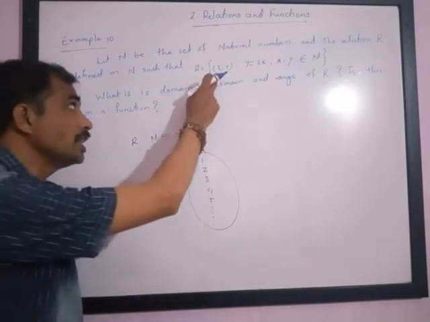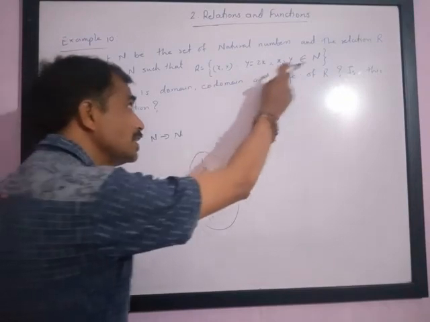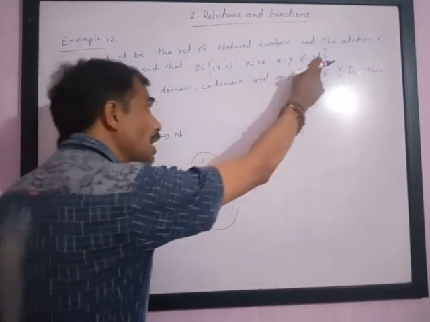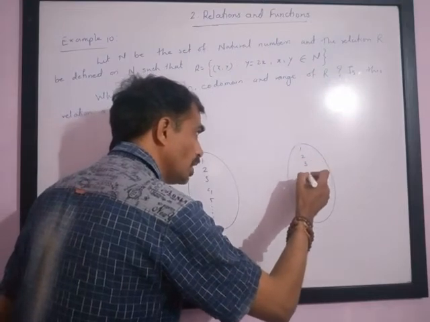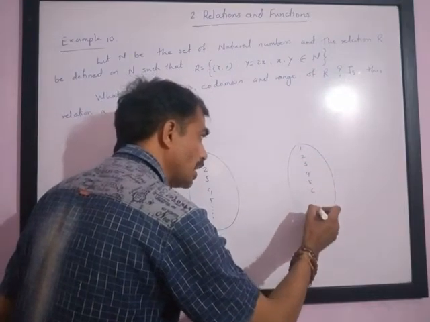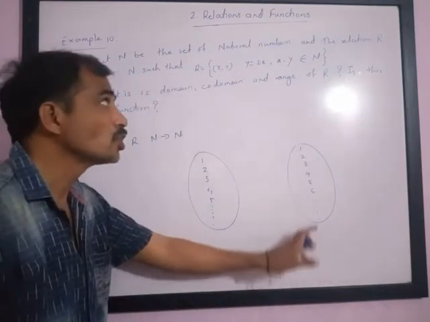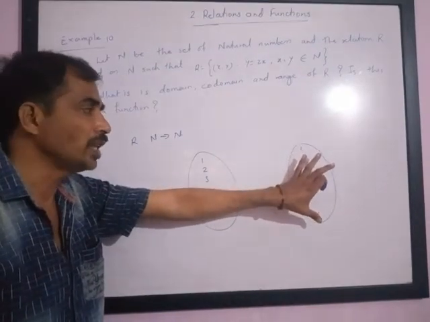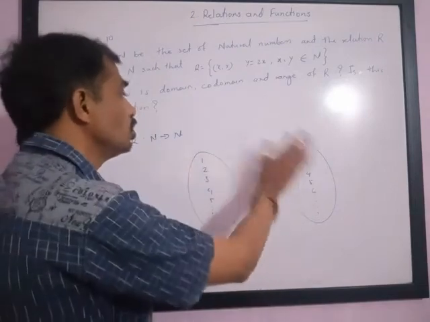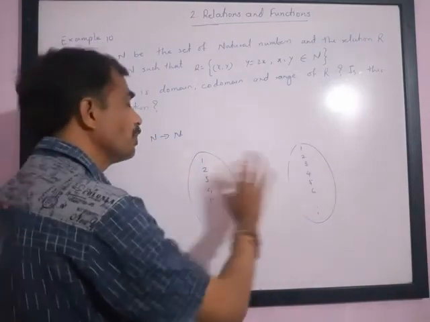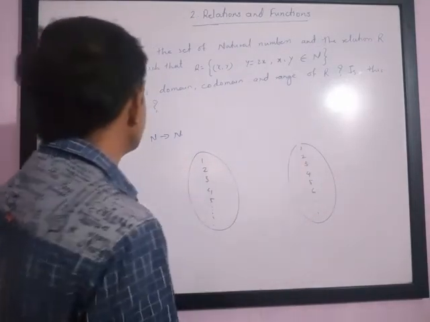So understand this. The first element x is a natural number. The second element y is also a natural number: 1, 2, 3, 4, 5, 6 and so on. This is also an infinite set and cannot be shown with the help of a set. I am just trying to explain; you don't show this, this is the incorrect way to represent the answer.